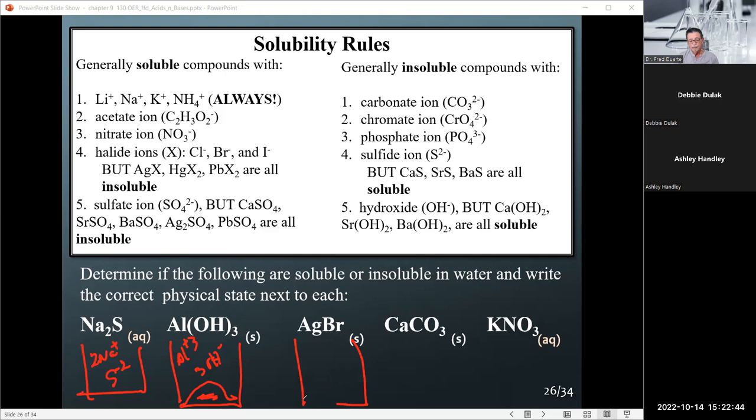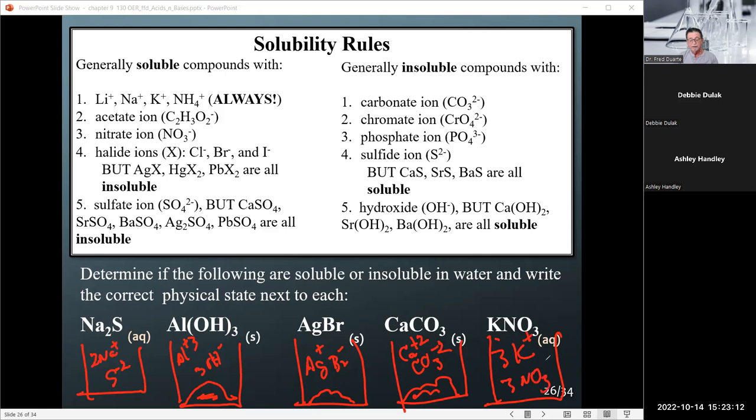The same is true for silver bromide, because this is insoluble, but I have one set of silver bromide in solution. Calcium carbonate, similar scenario: down here in the bottom would be the calcium carbonate, and then I'll have one set of ions in solution. Do not forget their respective charges. And then the potassium, obviously, I can say 3 potassiums there and 3 nitrates. I don't have to draw each one individually. I'll accept that.